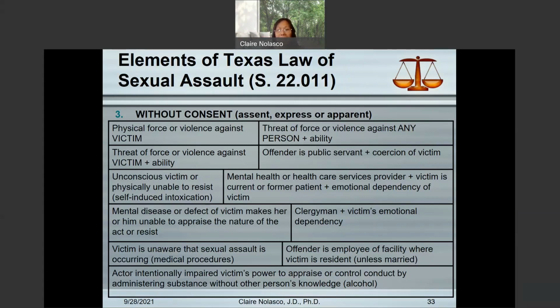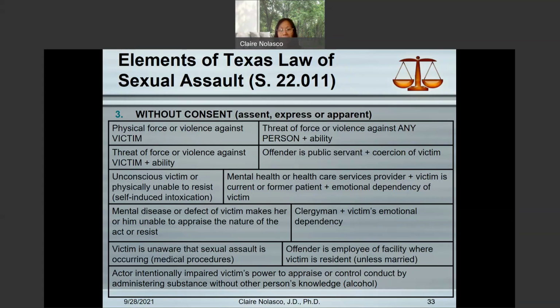Next, the offender is a public servant and he coerces the victim. Eighth, mental health or care services provider, and the victim is a current or former patient, plus the victim is emotionally dependent on the health service provider. So here you have the situation of a doctor-patient relationship.